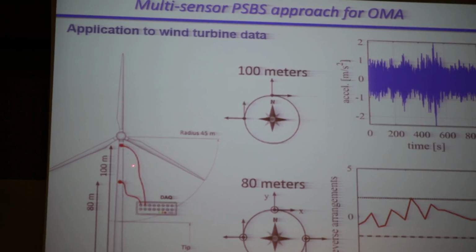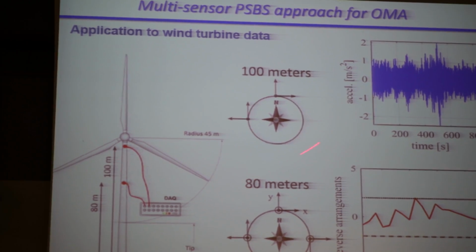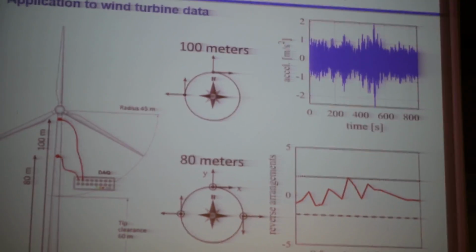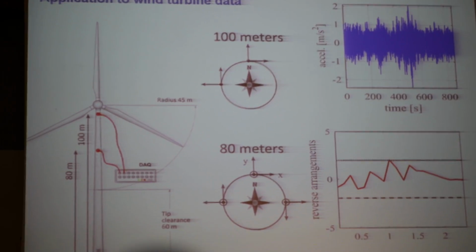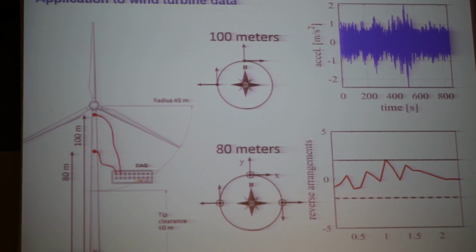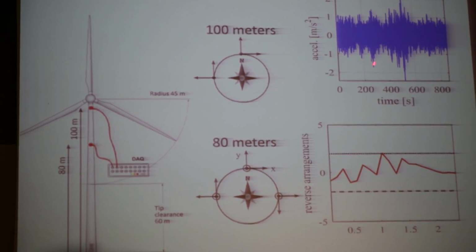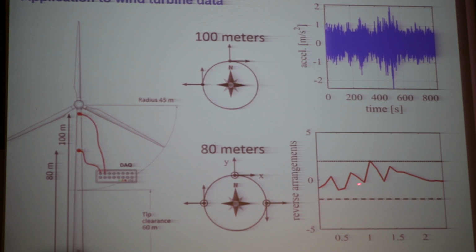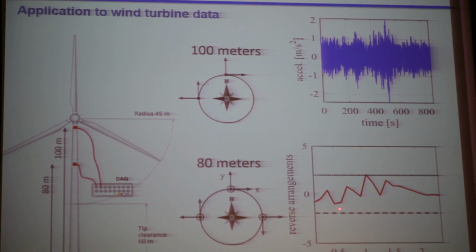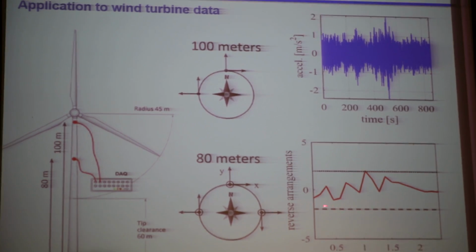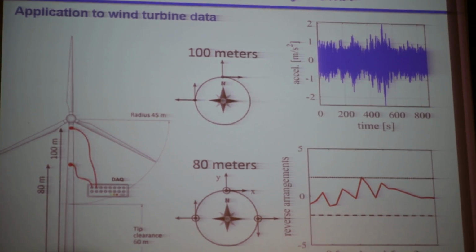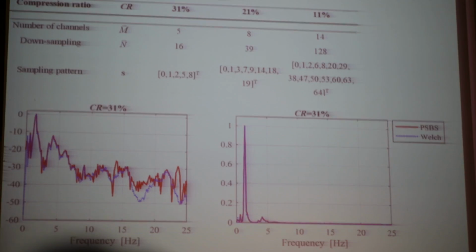The interesting thing about these structures is that because of the rotation of the wind blade, we are usually getting non-stationary measurements, and this violates the assumption of stationarity that our approach obeys. But if we window our data and apply a very well-known statistical test for stationarity, we see that we do have stationarity within some good confidence levels. So we are comfortable with dealing with these kinds of data.